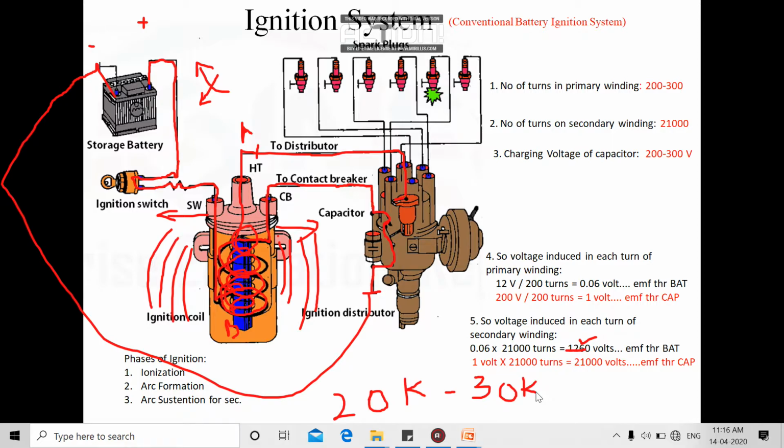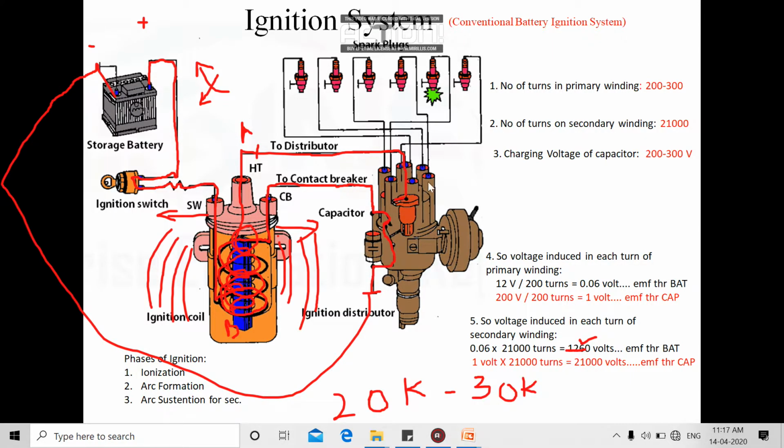This 1260 never lies between this range, so spark does not take place. That's why we have tuned the distributor in such a way that whenever 1260 volts is developed across the secondary winding, our needle should not be in contact with the lead.